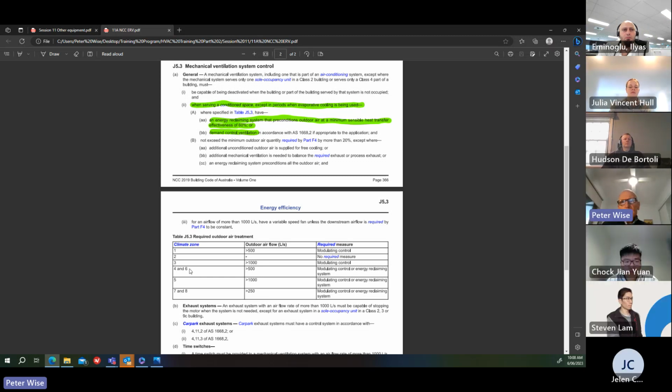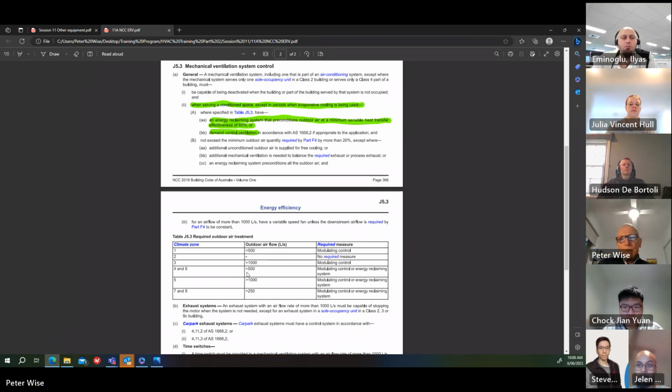Zone 6 is Melbourne, which is where most of you are. For an outside air flow rate of greater than 500 litres a second, you require modulating control or an energy reclaiming system. So that's a requirement. And for other climate zones around Australia, these are the requirements. So be aware of that.